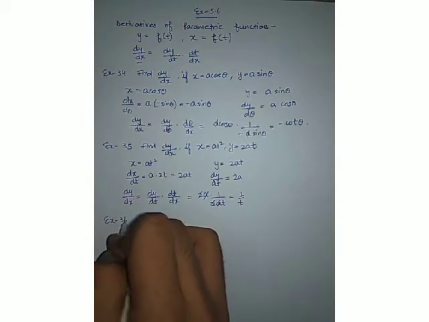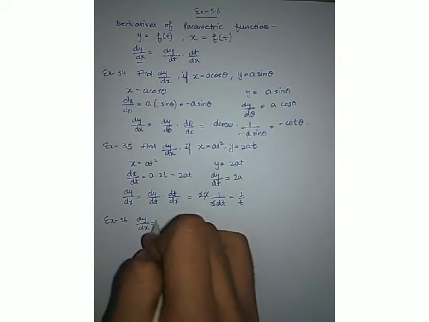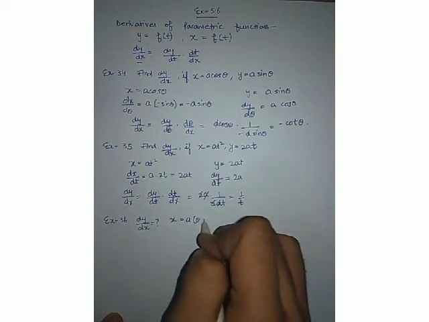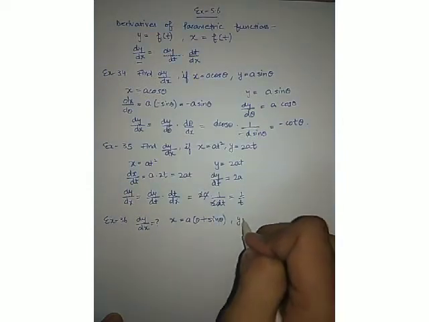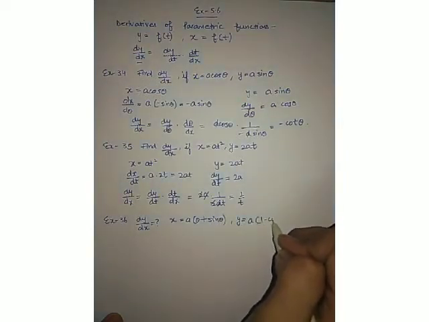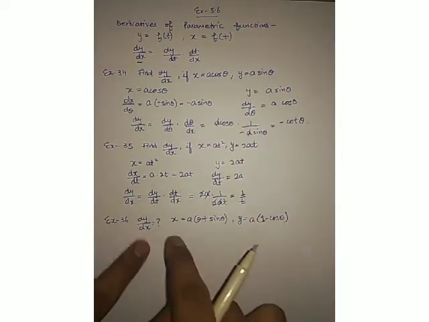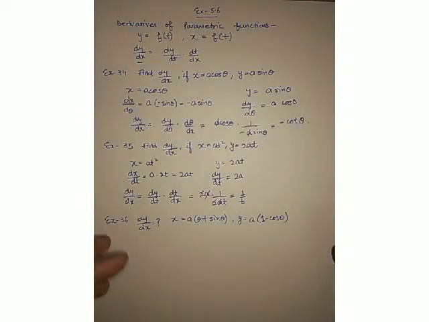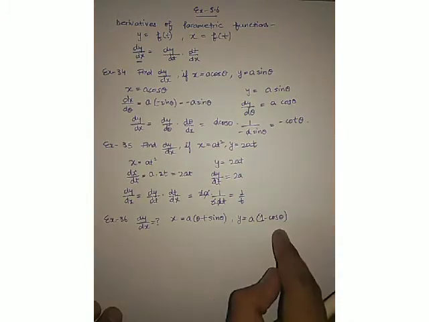It's pretty much similar. We have to find dy upon dx, and x is given equal to a theta plus sine theta, and y is equal to a 1 minus cos theta. Now just think, x is a function of what and y is a function of what? Yes, you can clearly see that x is a function of theta and y is also a function of theta.